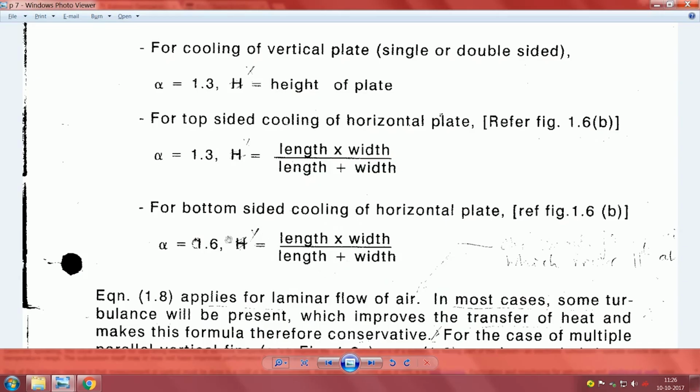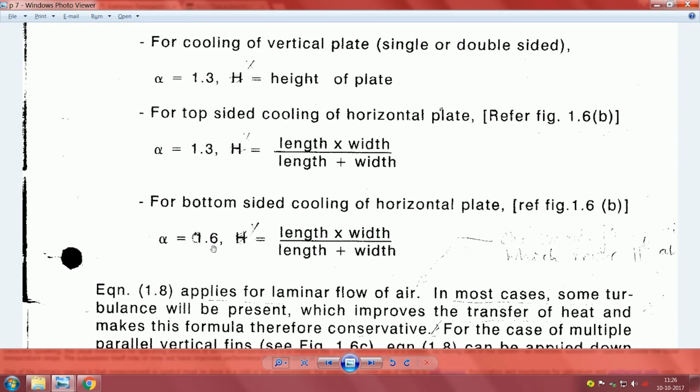So, alpha in the case of bottom sided cooling comes to 0.6. Now, if you ask me how all these numbers came, they are all empirical. Somebody has put, and in fact we had that plate, a small plate, which was taken, for some convenience, 150 mm by 150 mm square, and in one variant keeping the total area same, 150 it will give you 225.